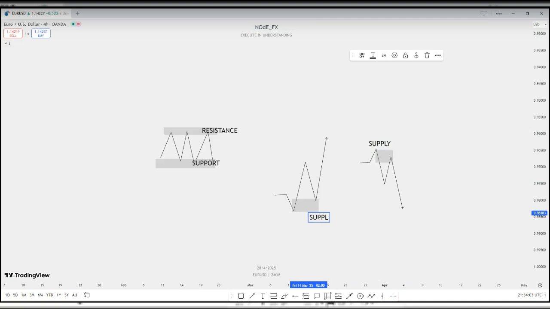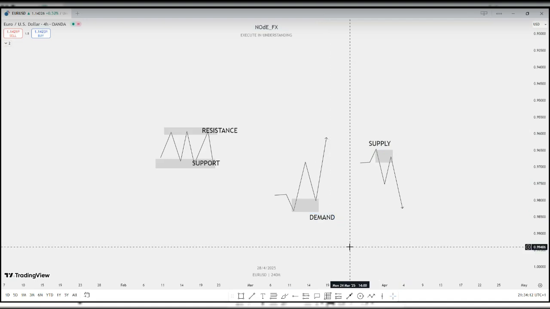And then we have our what? Demand. Make sure you take note of this. Look at the difference between them.